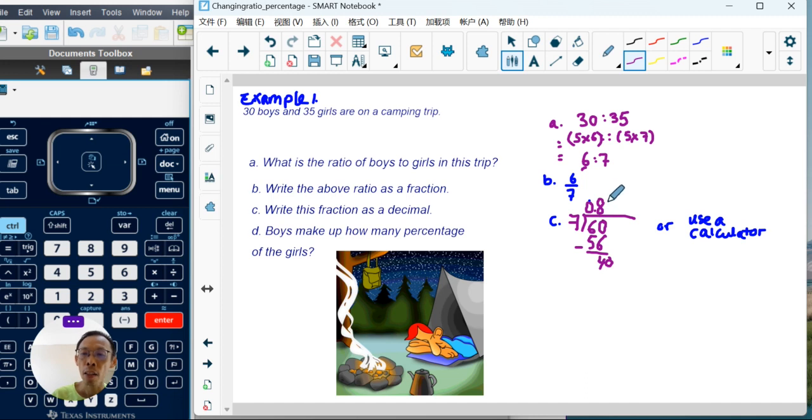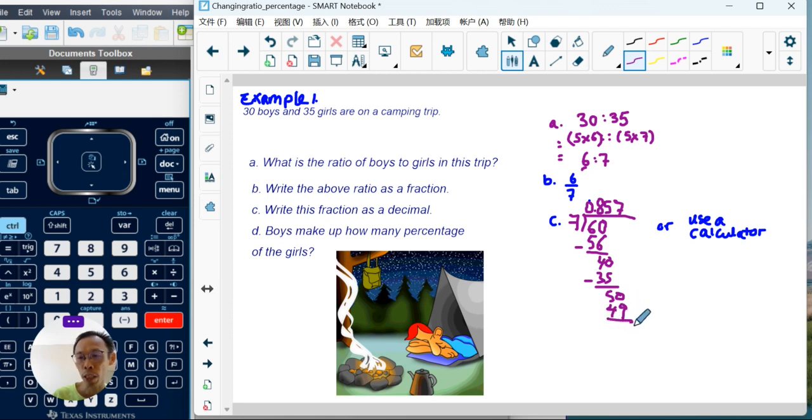After that I can have 5 times 7, which is 35. So 40 minus 35 is 5, and then 50. And then 7 again, 7 times 7 is 49 with 1 remainder.